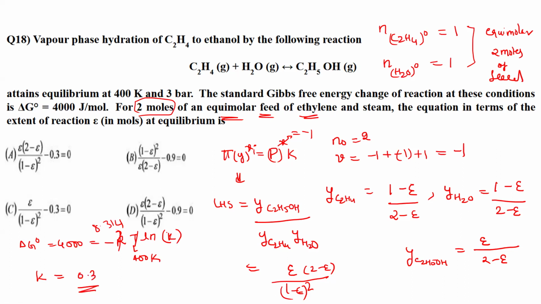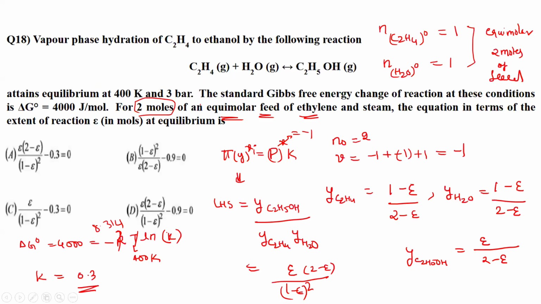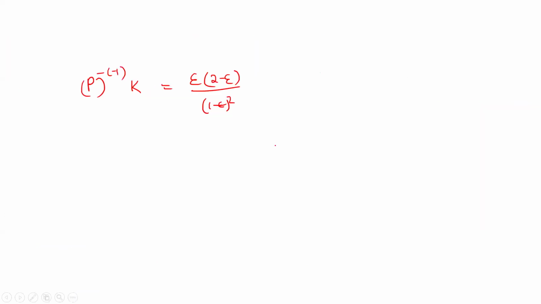Okay, now if I substitute all these things, then P to the power minus of minus 1 into K equals epsilon into 2 minus epsilon by 1 minus epsilon squared. Sorry, here it is minus. That's why this is equal to 0.3.